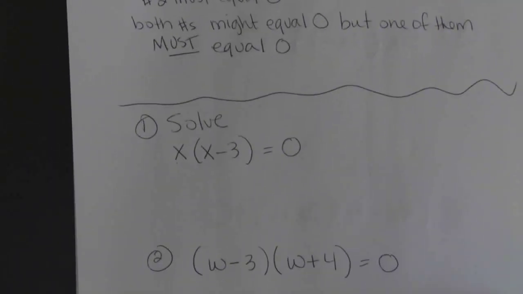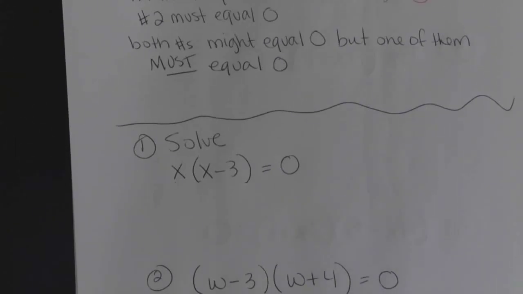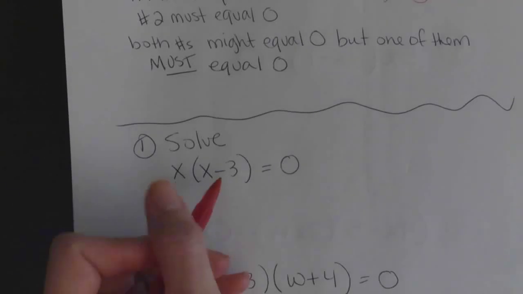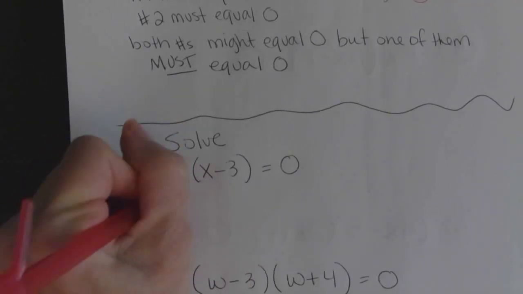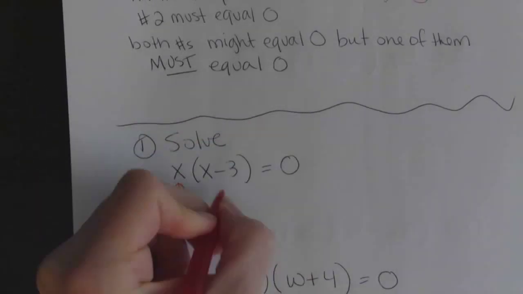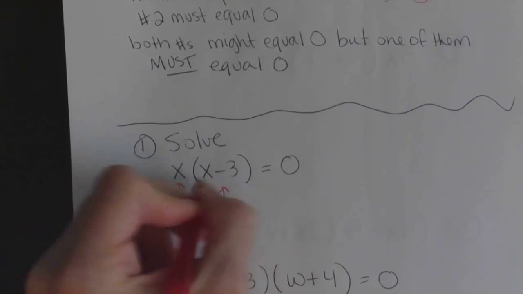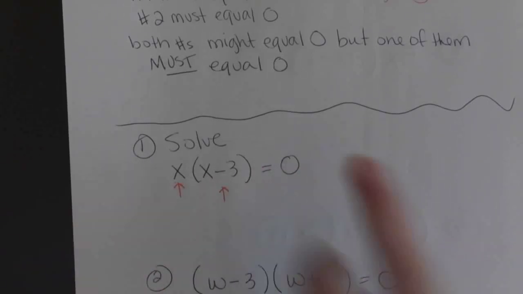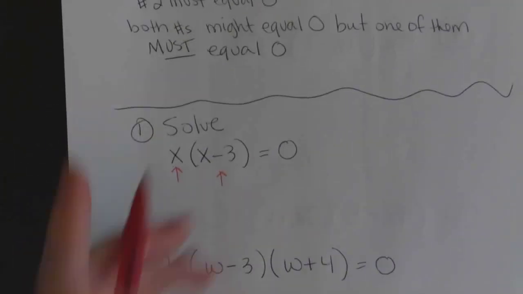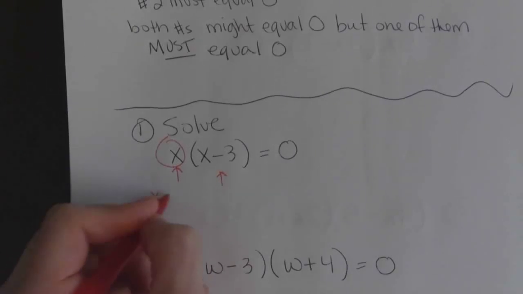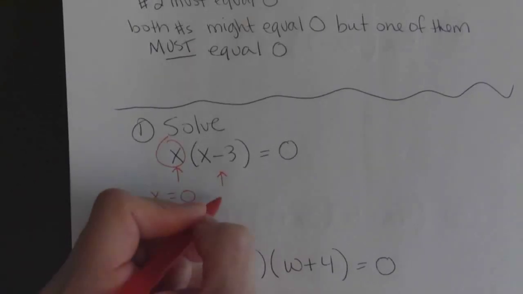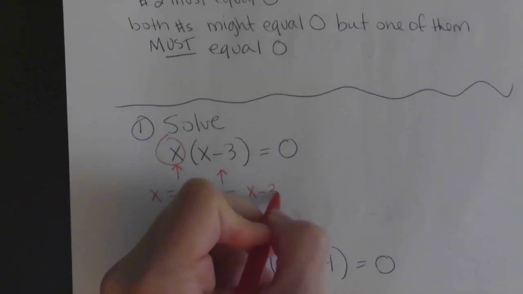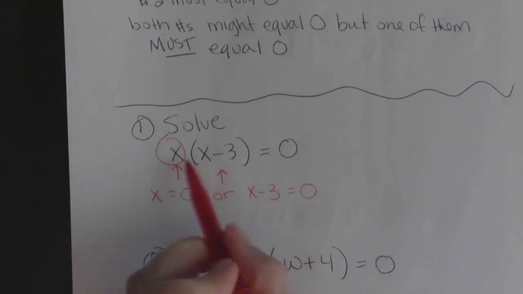So check out this first example. It says solve. See how you have two expressions that are being multiplied together. On the one hand, you have the x, and this is being multiplied by the second part, x minus 3. And their product is equal to 0. So this means either x has to be 0, or x minus 3 must be 0.